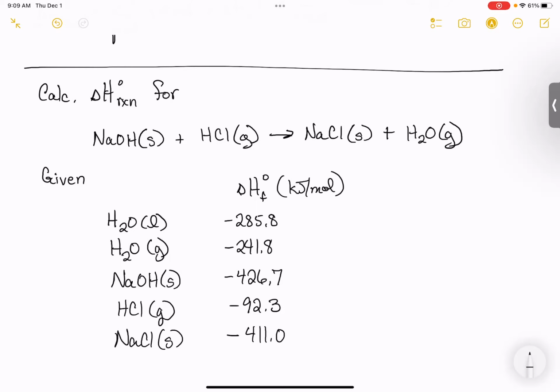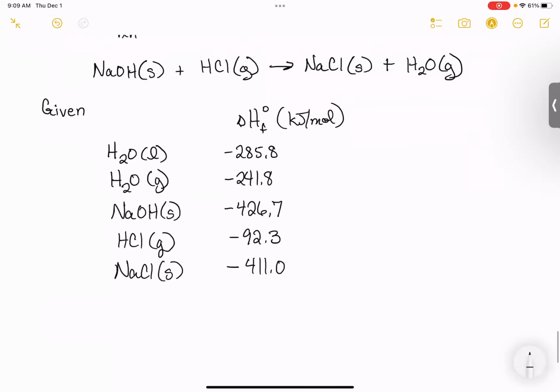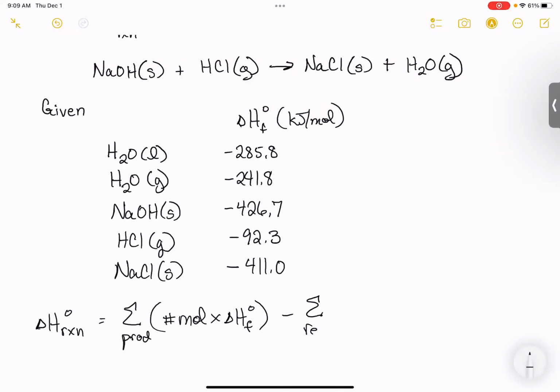Now, we know our equation: delta H of the reaction is going to equal the sum over the products of the number of moles times the delta H of formation, minus the sum over the reactants of the number of moles times delta H of formation.